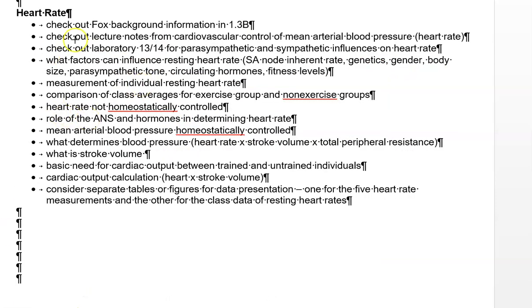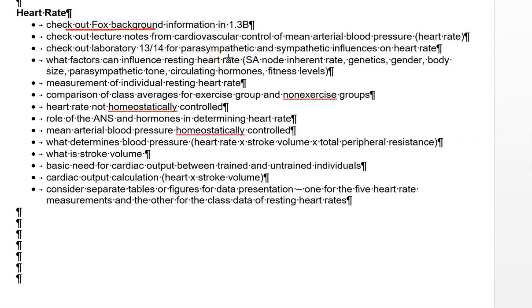Now, if you did the other part, 1.3b, the heart rate stuff, you would check the Fox background on that. You should check out the lecture notes from the cardiovascular control for mean arterial pressure. So probably should have put that in. That would be S3P2.